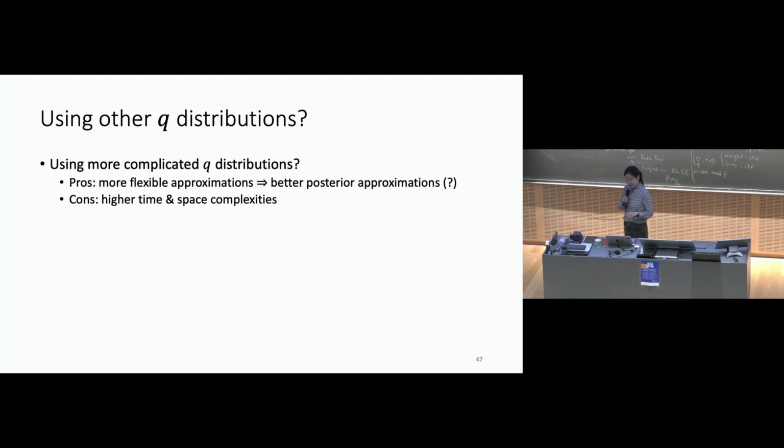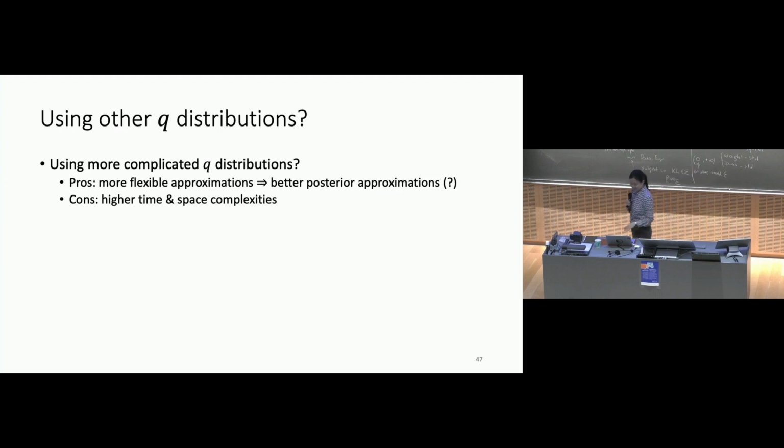So, in other words, if you want to use more complicated Q distributions in the Bayesian neural network context, where you're going to have millions or even close to billions of parameters, remember that, then you naturally incur higher time costs and also a higher memory cost. Okay, and in the era of large language models, you clearly don't want to do that.